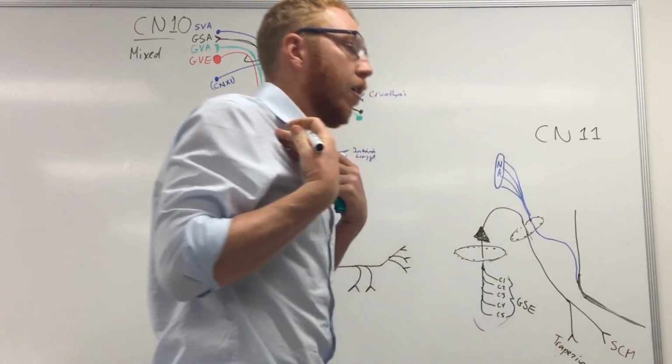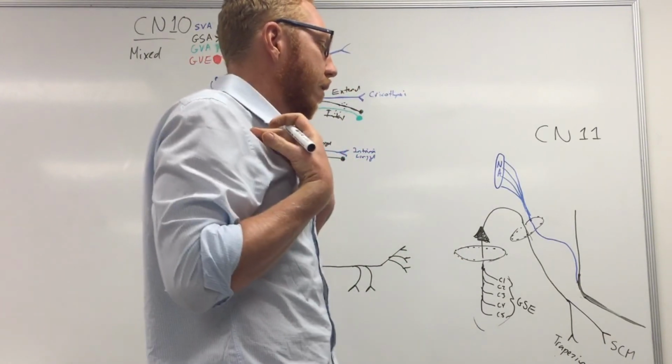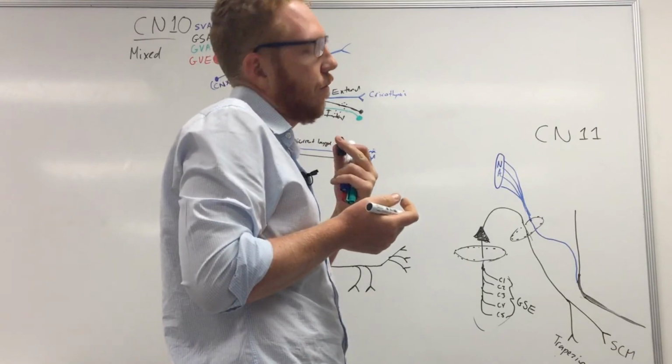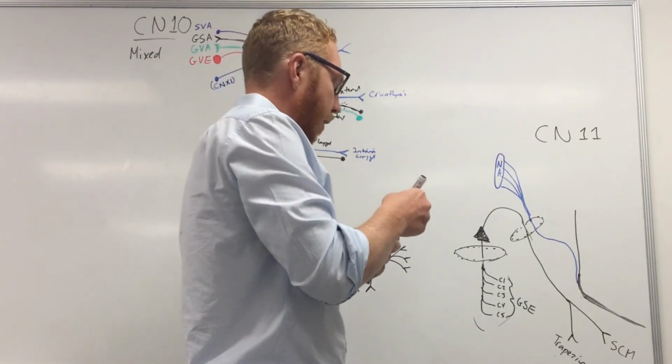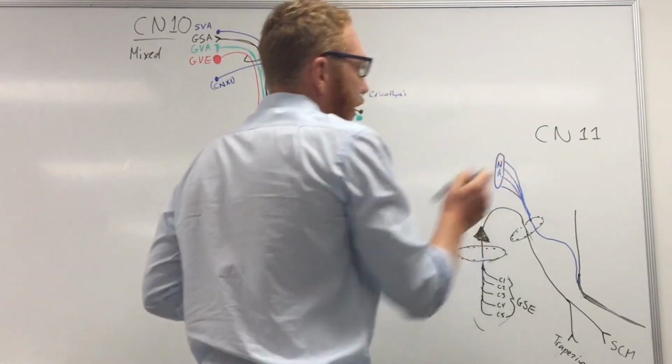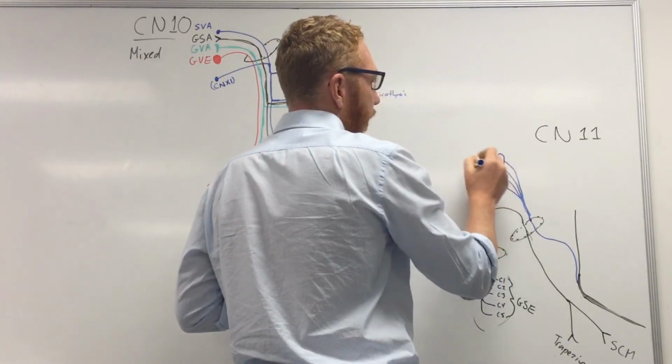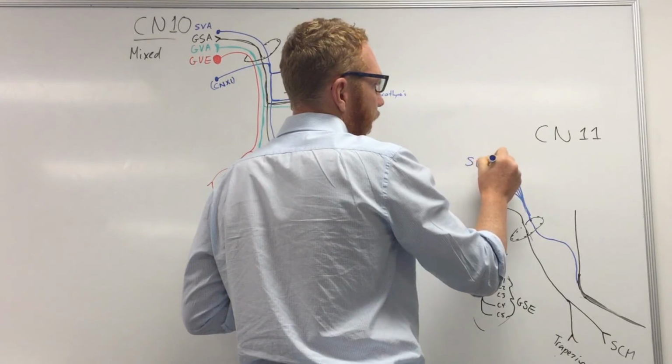So the trapezius helps you shrug, and that's how you test it, and the SCM helps you turn your neck or lateral flex.